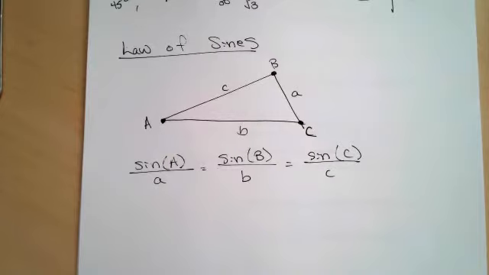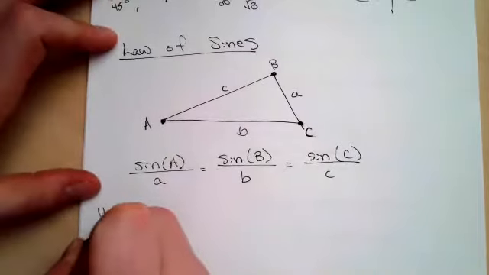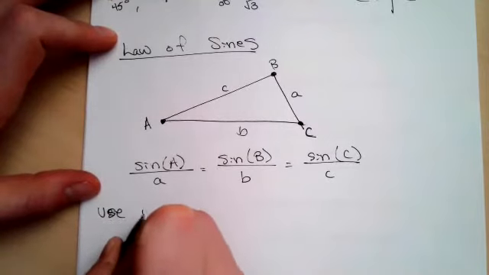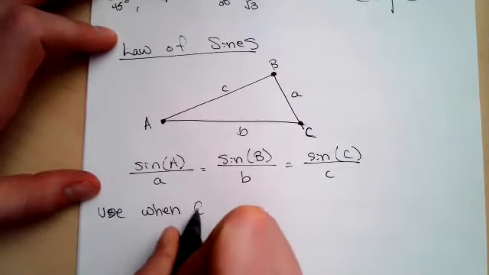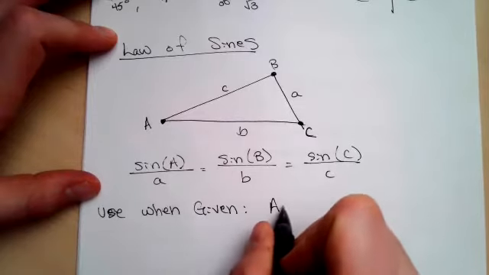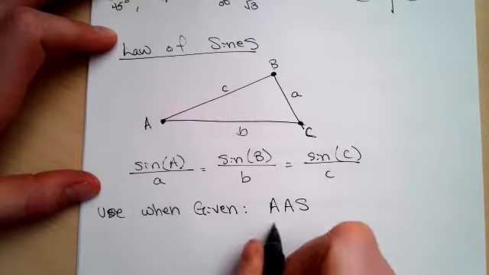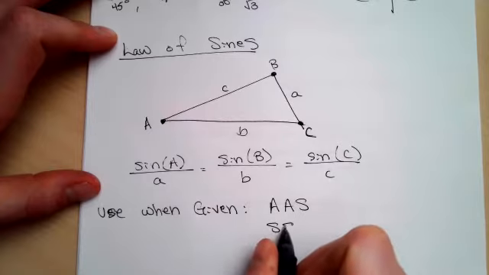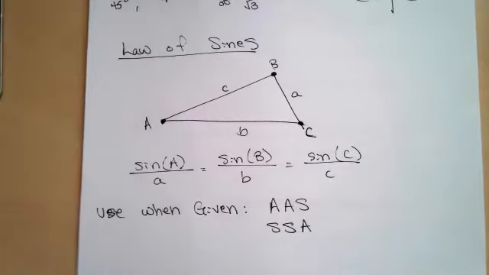So, things that you can use the law of sines for. Hopefully you're familiar with this notation from way back, somewhere in high school where you took geometry, where you did triangles and congruent triangles.